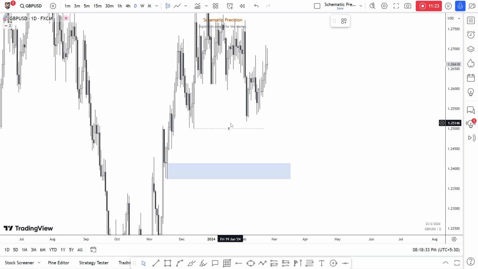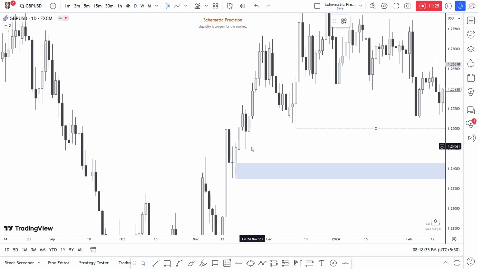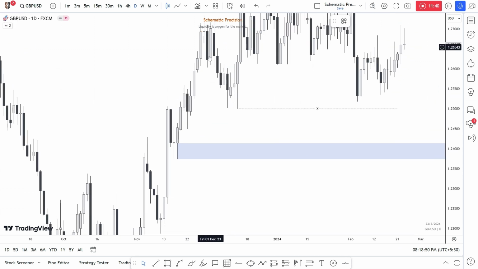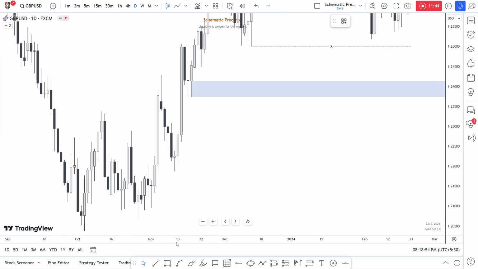Why this one? Because if you zoom in and see, this previous doji candle's low has been taken by this candle's wick, right? So we have a liquidity grab before going higher. That's why this is one of the POIs I'll consider.